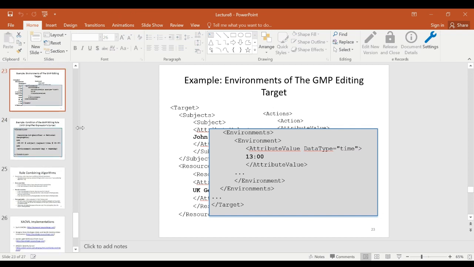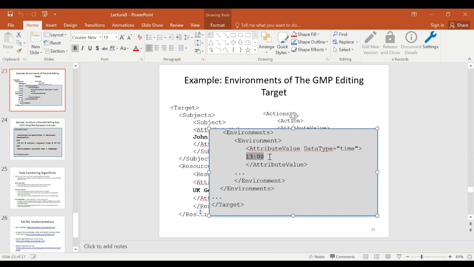So to demonstrate this, we go back to the example. In here, we see that we have specified that not only will the request coming in be related to John Smith attempting to read and write UK's geographical map folder, but also that the request is related to a specific time in the environment, or in the context, which is 13 hours, or 1 o'clock p.m. So if the request came in at this specific time, then it will be relevant to this rule, or this target in this case, that we're writing.